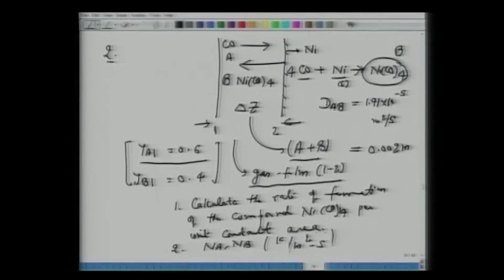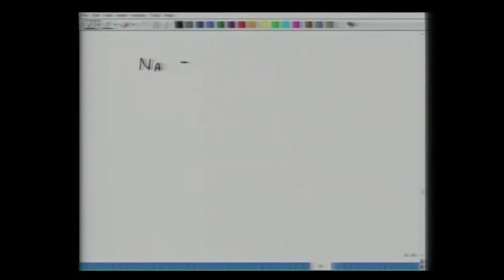Before we make any other assumptions or restrictions, let's start with the same expressions we obtained for the molar diffusion flux of A and B. What we had: N_A equals y_A times (N_A plus N_B) minus D_AB dC_A/dZ.